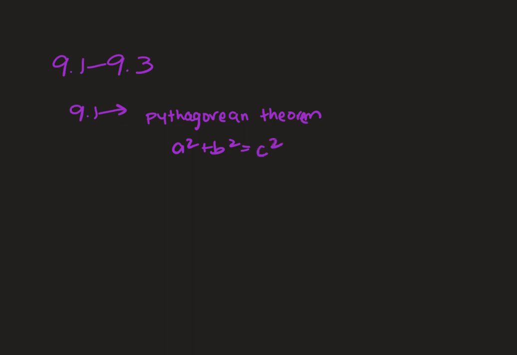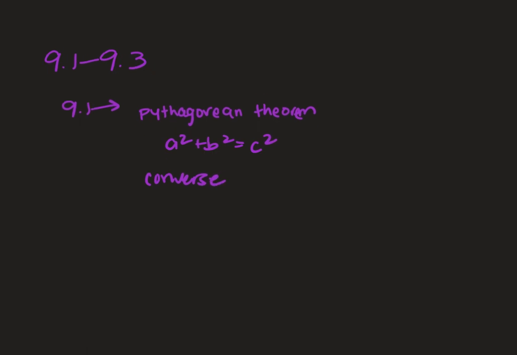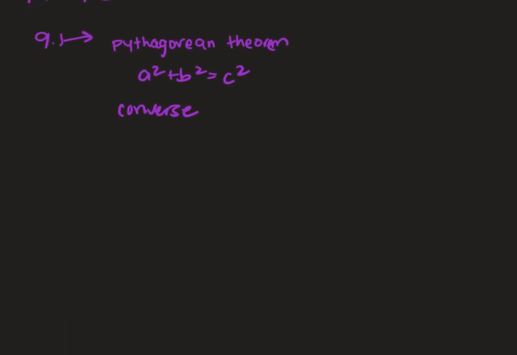Okay, so as a reminder, topics covered on the quiz, this is 9.1 to 9.3. 9.1 was the original Pythagorean theorem, which is a squared plus b squared equals c squared. I'm missing the e there, sorry. And then the converse, which is how we classified acute, all those.